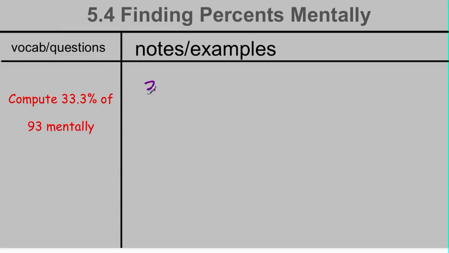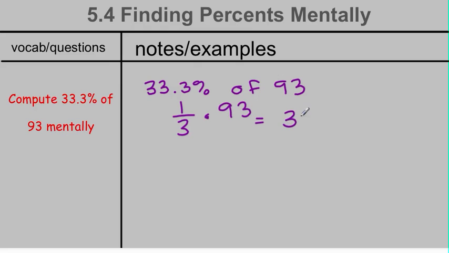Let's try this. 33.3% of 93. Now I know I'm writing, but I just want you to see where I'm getting it from. 33.3%. Your brain right now should be running around saying 1/3, 1/3, 1/3. That should just be one that you know. So now I can divide. I know that 3 goes into 9 3 times and into 3 one time.